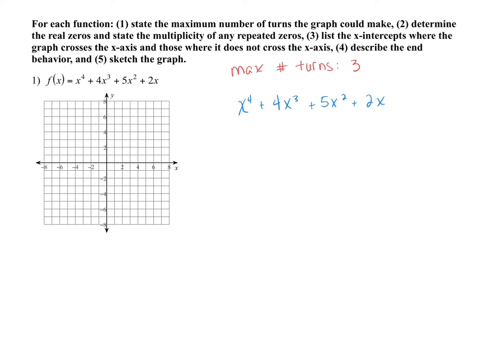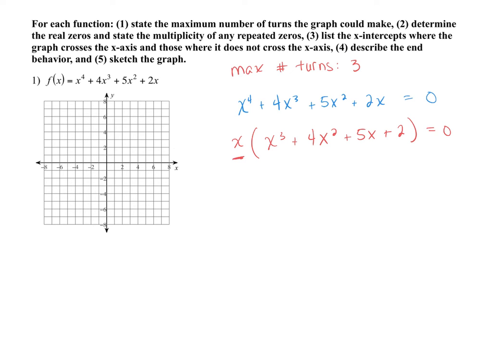So anytime you can factor something out, you want to factor it out, because when it's asking for zeros, it's really asking for what makes this guy 0. That's what it's asking, okay? So the first thing I notice is I can take out an x. I get x cubed plus 4x squared plus 5x plus 2.